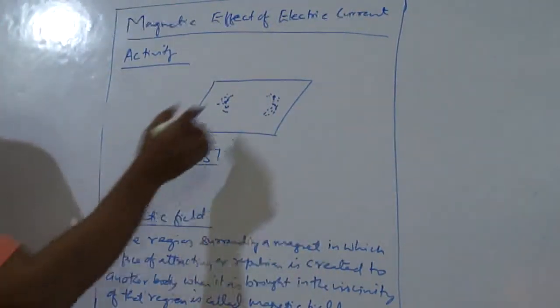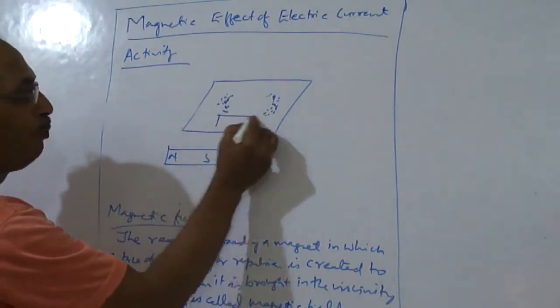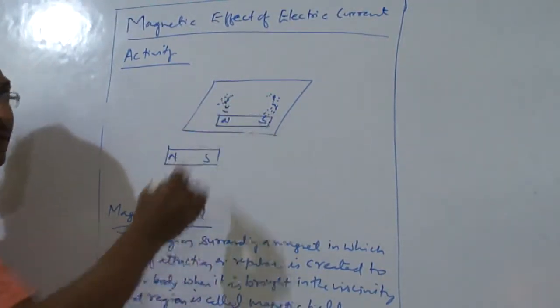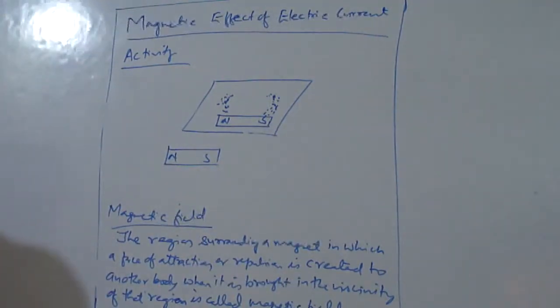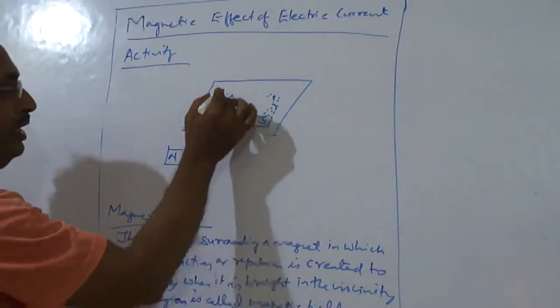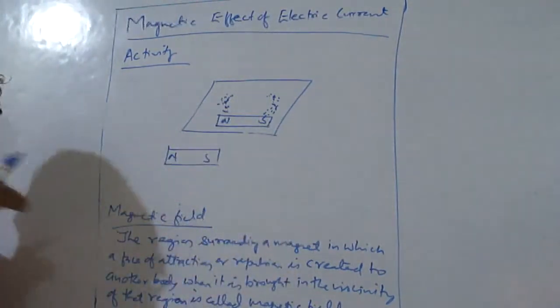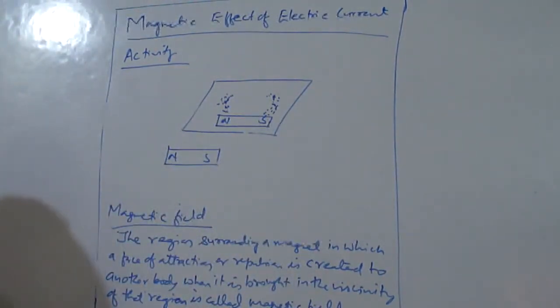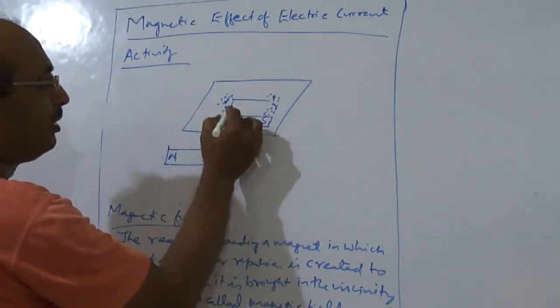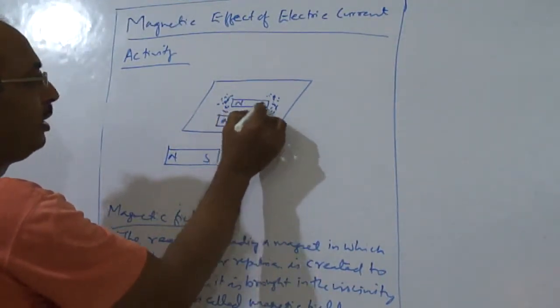It is showing that one pole is here, north pole, and another pole is south pole here. Near the poles, there is more congestion, more density of iron filings.